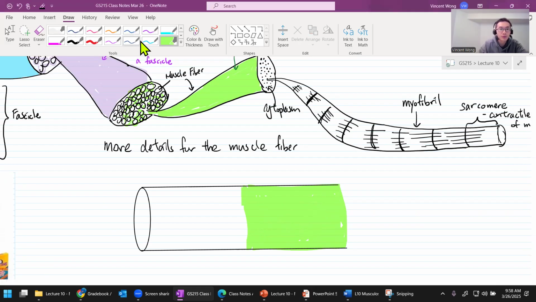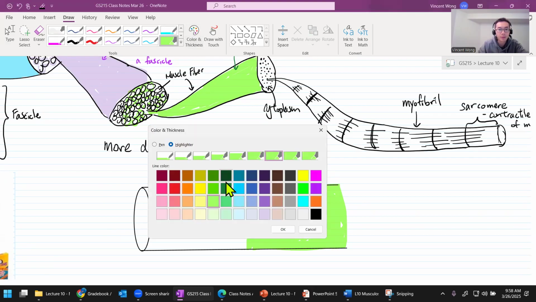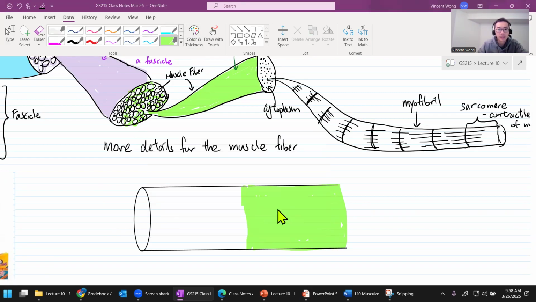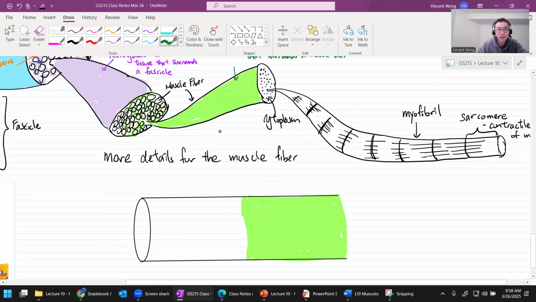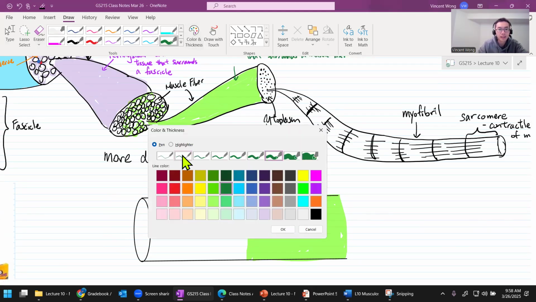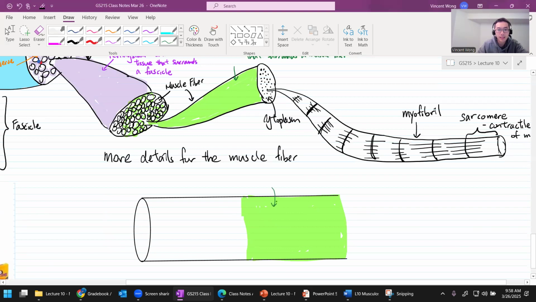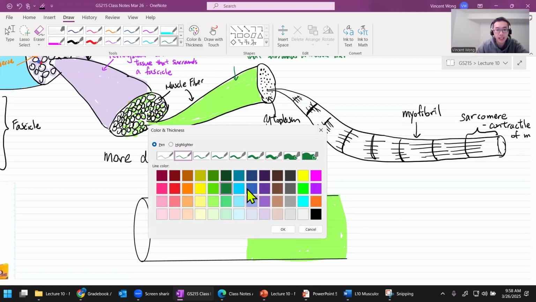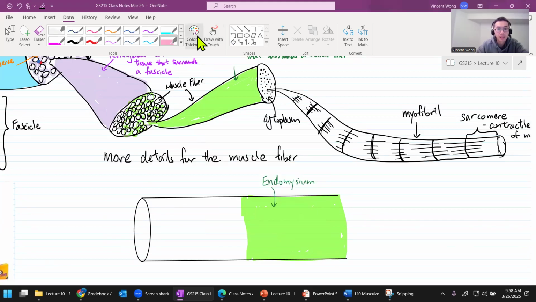This connective tissue has a name. We wrote it down already, but let's write it down again. It's called the endomysium. Now, if I peel back the endomysium, what you would see underneath would be the cell membrane.